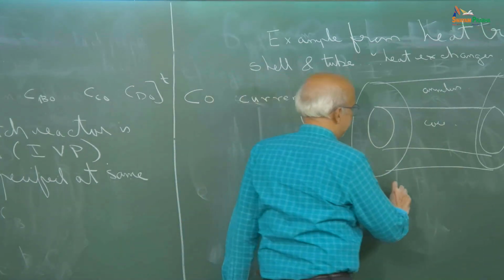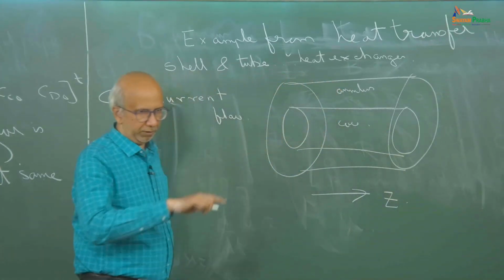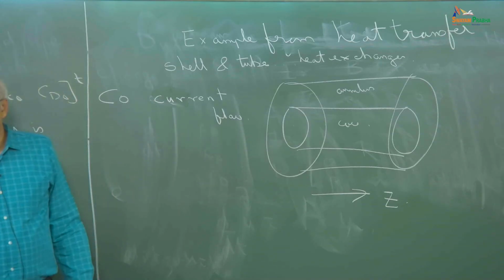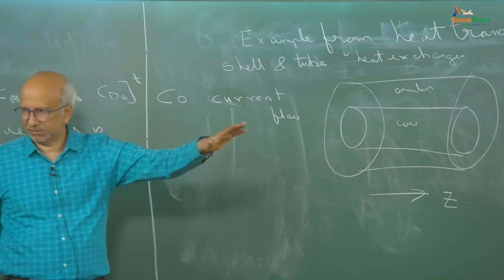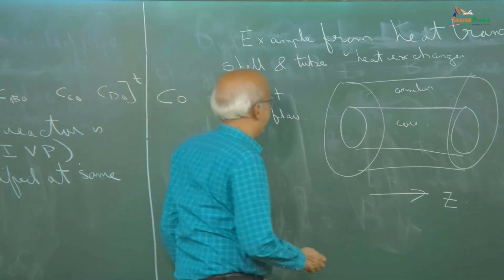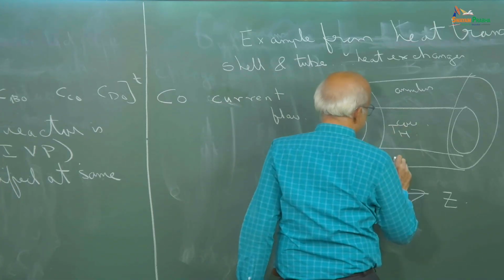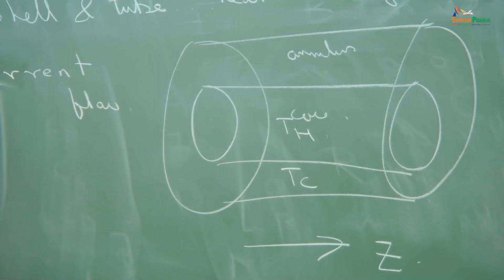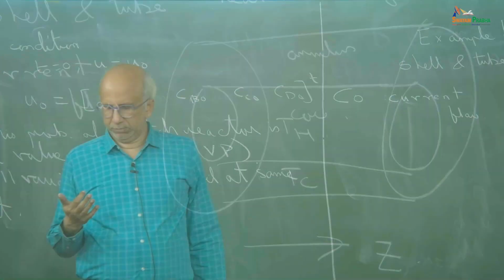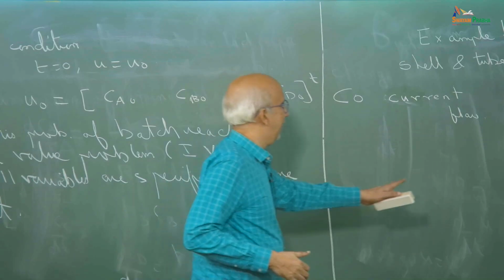So let this be the z axis, because we are talking about a cylindrical coordinate system, you want to look at r, theta, z as your independent variables, that is z. I am going to put the hot fluid inside, which has a temperature given by Th, and a cold fluid outside which has a temperature Tc. Tc is the temperature of the cold fluid which is flowing in the annular region.